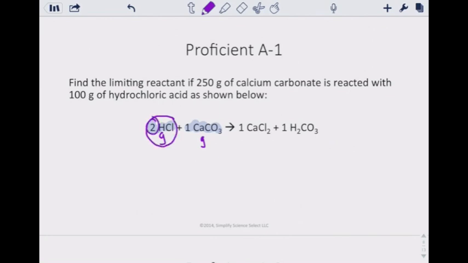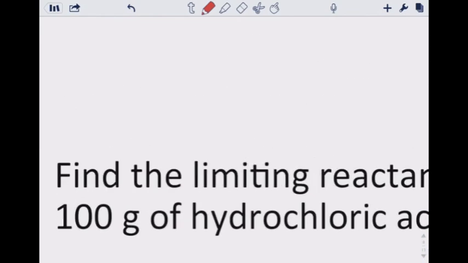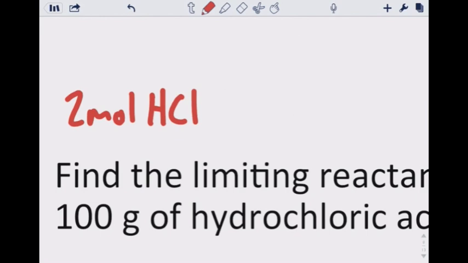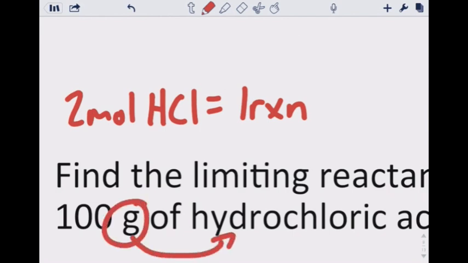Well, 2. In one reaction, how many moles of calcium carbonate are required? Well, 1. So we'll start by doing hydrochloric acid first. The first thing we write down is our mole ratio: 2 moles of HCl are required for one reaction. And since it said grams, anytime it says grams, what do we have to find? Molar mass.